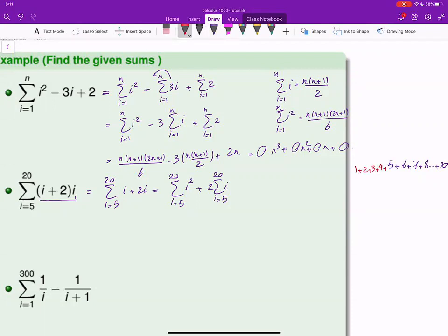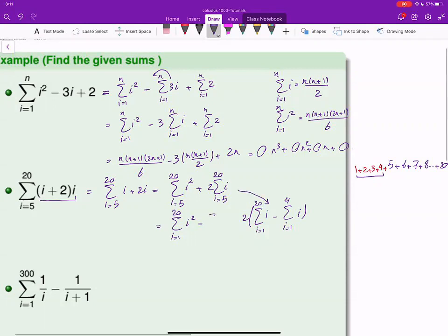So what if I change the sum to start from 1 to 20, but then I have added these 4 terms, and now I have to subtract those 4 terms? That will give you exactly the same thing as this one.